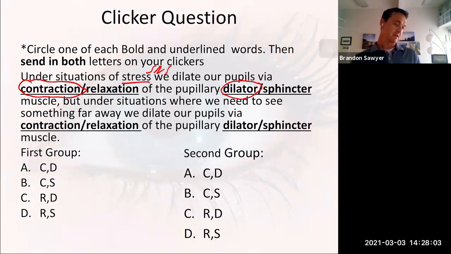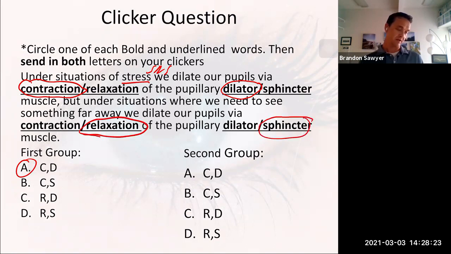So that would be CD, which would be A. But under situations where we need to see something far away, not a stressful situation, we dilate our pupils via relaxation of the pupillary sphincter muscle. So that would be RS.